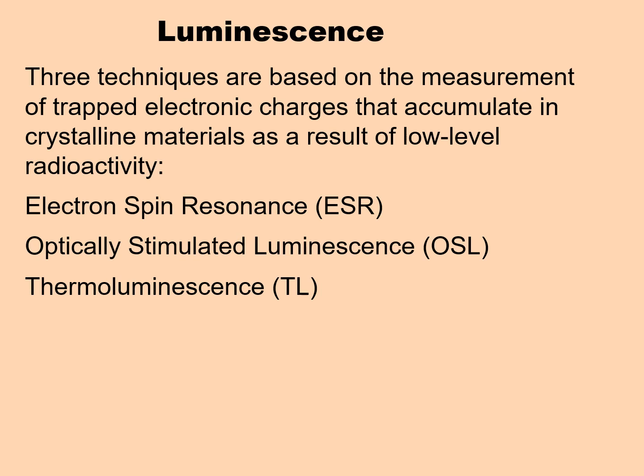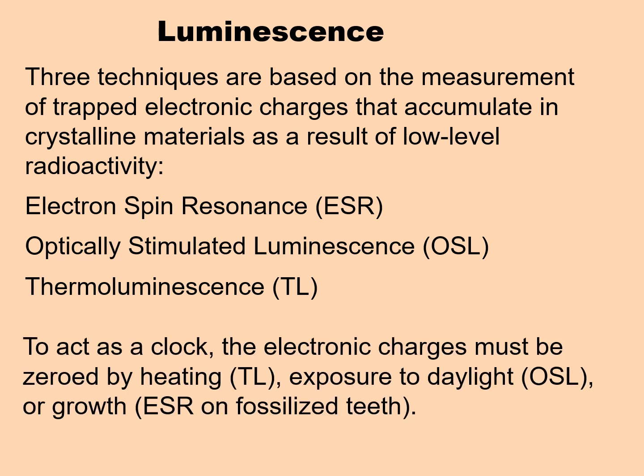Usually an archaeologist just calls it OSL, or thermoluminescence, and again the archaeologist may simply refer to it as TL. To act as a clock, the electronic charges must be zeroed by heating, as in thermoluminescence, exposure to daylight, as in optically stimulated luminescence, or growth, such as the electron spin resonance on fossilized teeth.